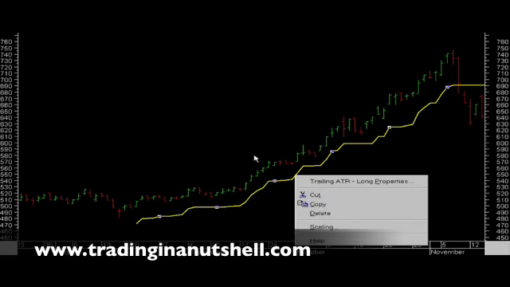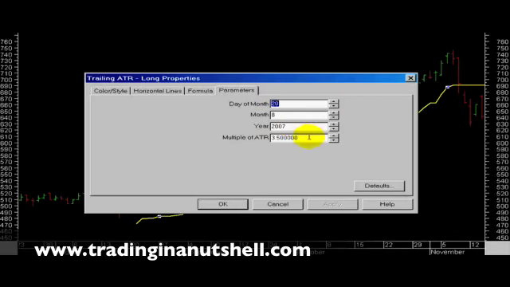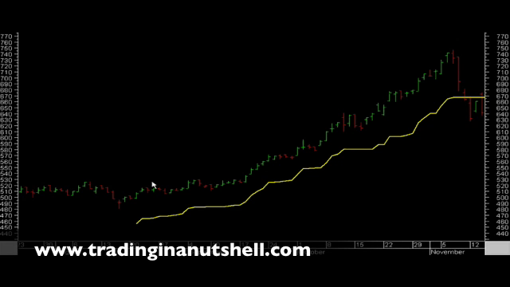Now, the variable we can use in this, of course, is what multiple of the average true range we use. And if I use a 5 times the average true range, of course, we notice the average true range line just moves further and further away, providing it more room to move.